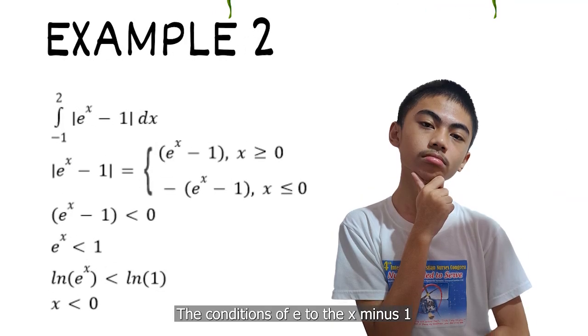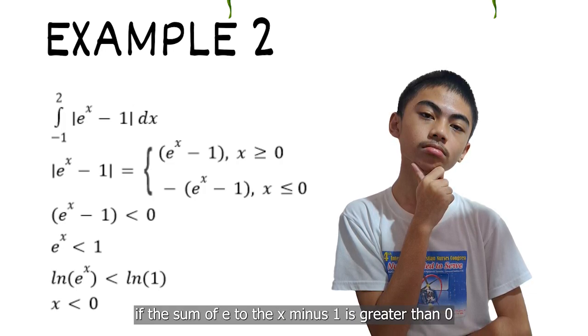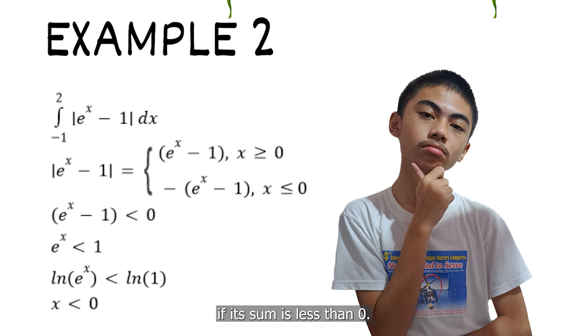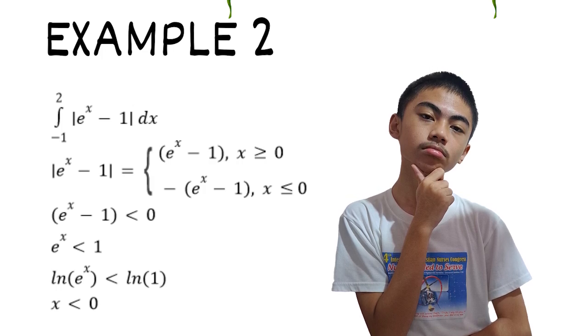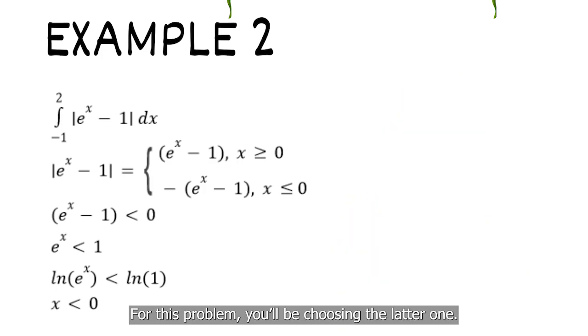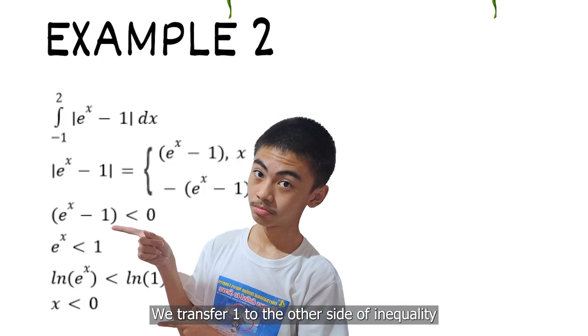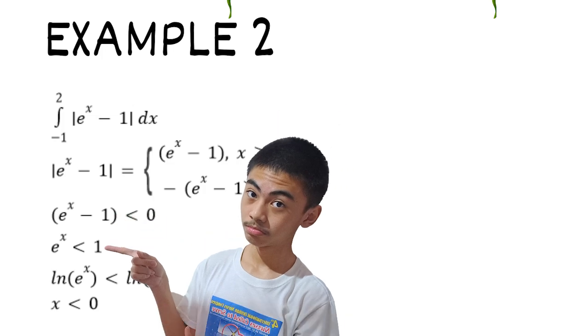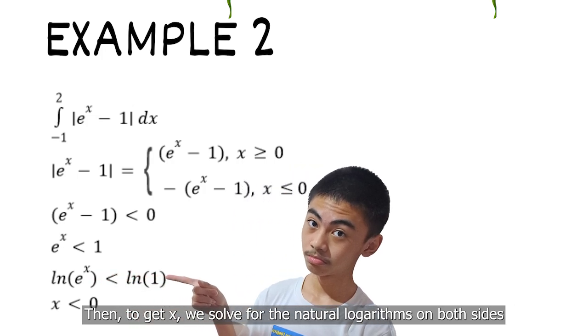The condition of e to the x minus 1 is that it's e to the x minus 1 if the sum of e to the x minus 1 is greater than 0, and it's negative e to the x minus 1 if its sum is less than 0. Choose either of these two and solve its inequality by finding the value of x. For this problem, we will be choosing the latter one. So in solving e to the x minus 1 when it's less than 0, we transfer 1 to the other side of the inequality. Then, to get x, we solve for its natural logarithm on both sides.